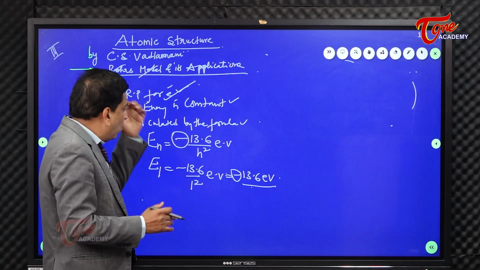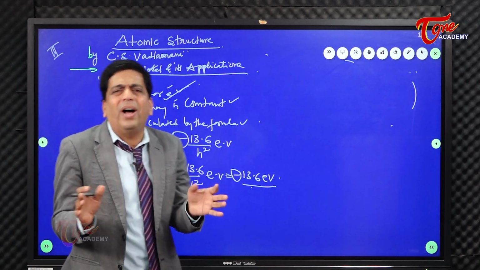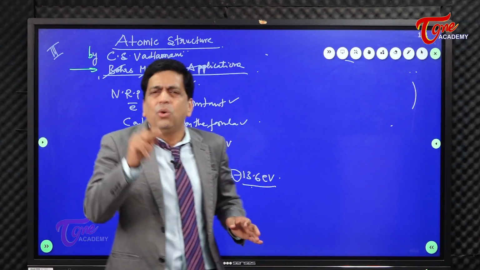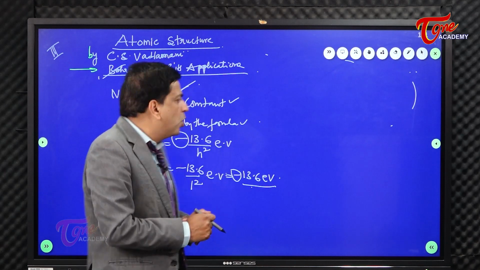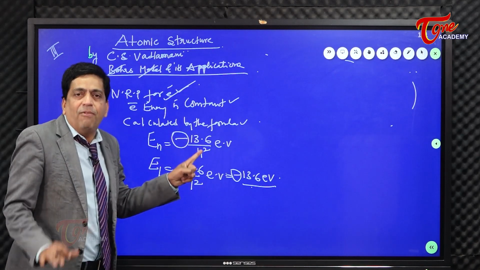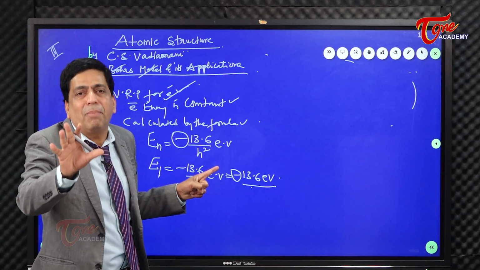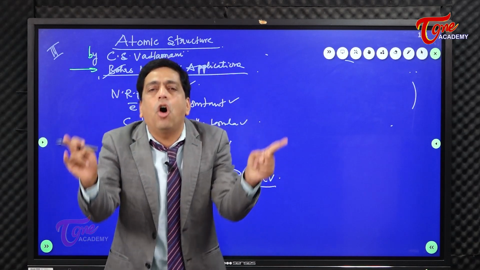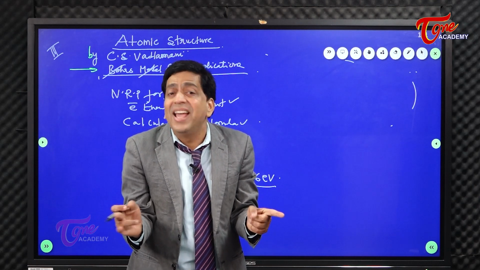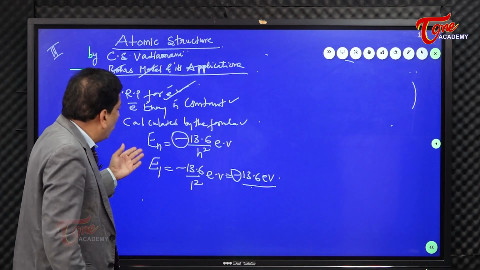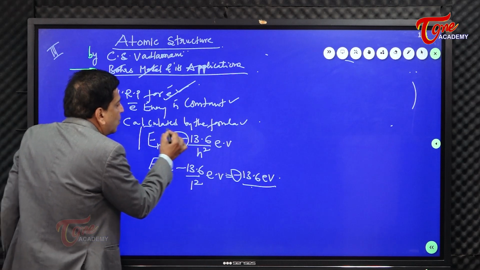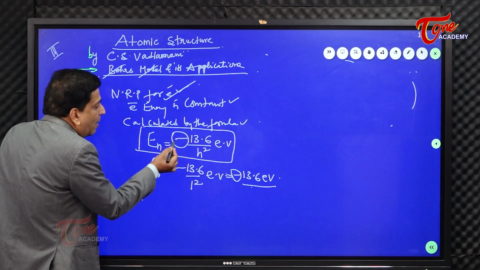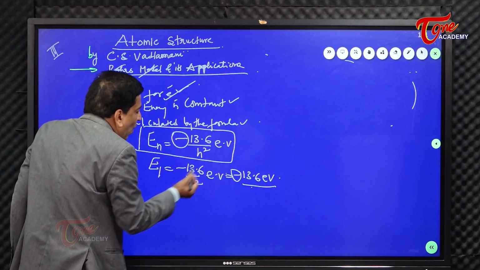So, you know why all this is cropping up first? Because you fellows have proposed non-radiating paths. When you propose non-radiating paths, people will ask you, how much is the electron's energy in the orbit? Then you must give a formula, a small formula, that is En = -13.6/n².